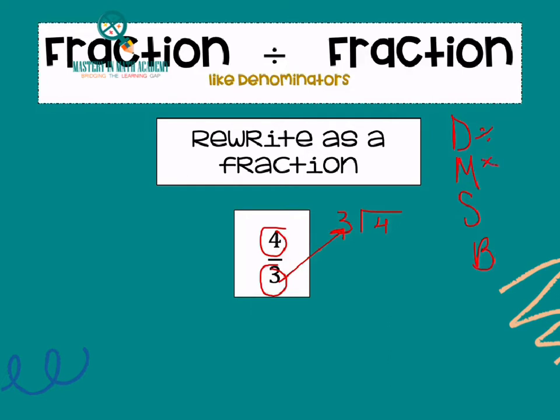The M stands for multiplication. The S stands for subtraction. The B is you're bringing it down or you're bringing it back. And we'll learn about what we're bringing down versus what we're bringing back in another lesson.